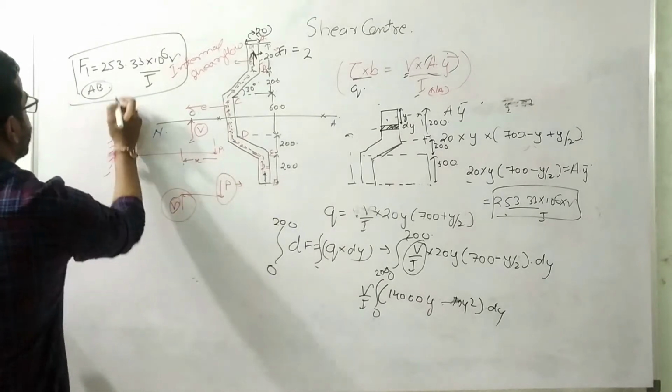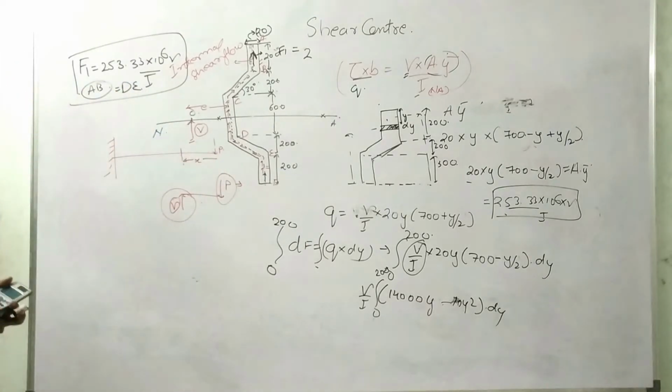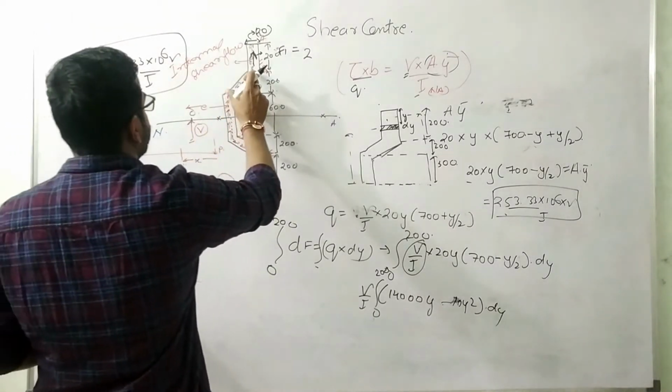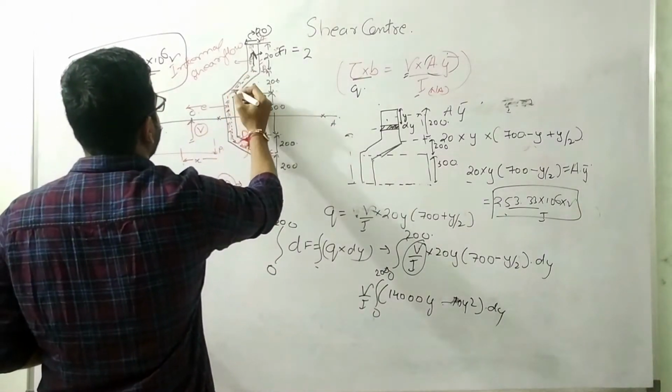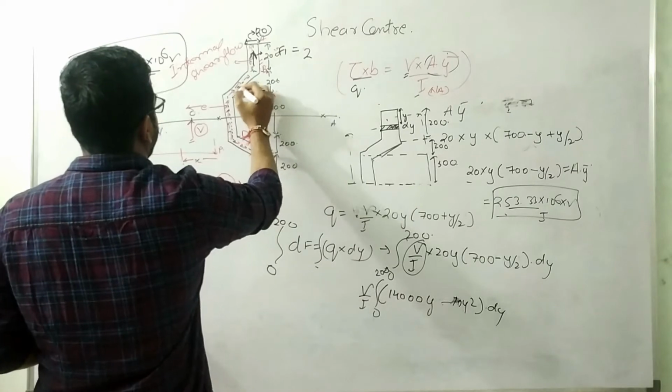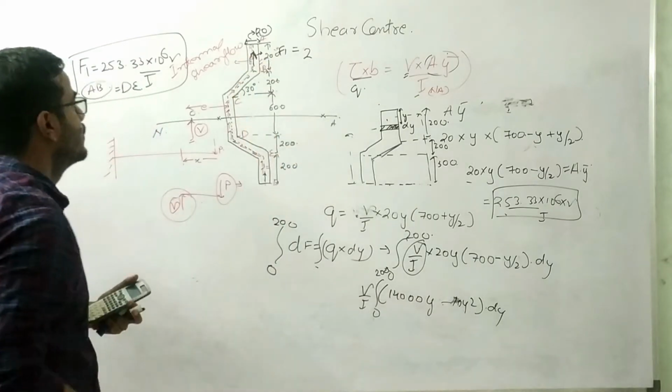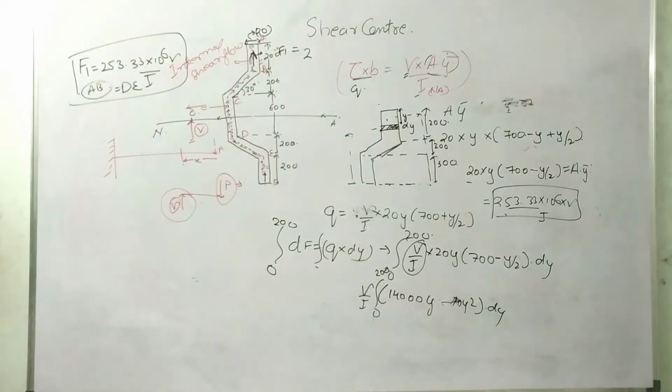Same will be for the D segment. Now one part is solved. Now we have to calculate the net force for the next segment, so let us come to the second part.